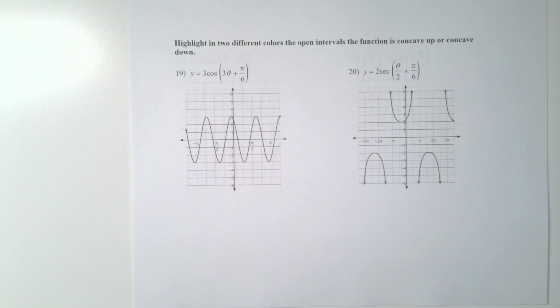So for the last set of examples that we have, I'm going to highlight the intervals where these functions are concave up or concave down. So these functions might look a little crazy.